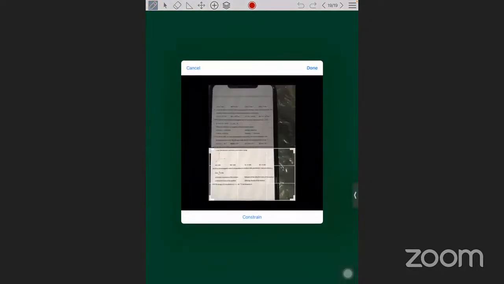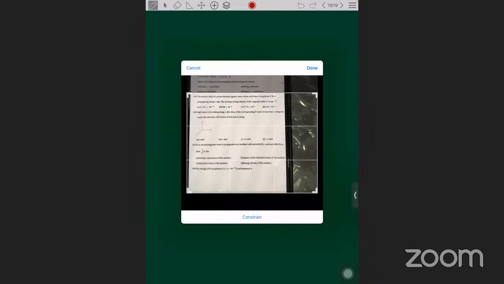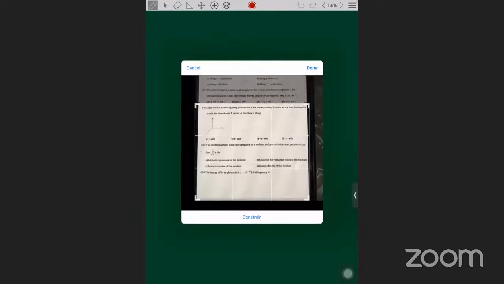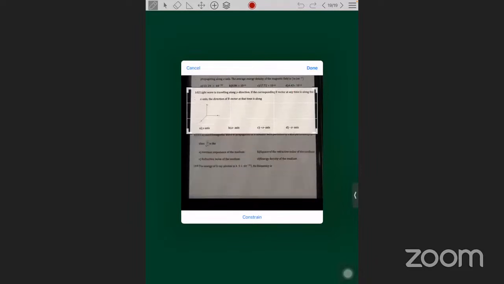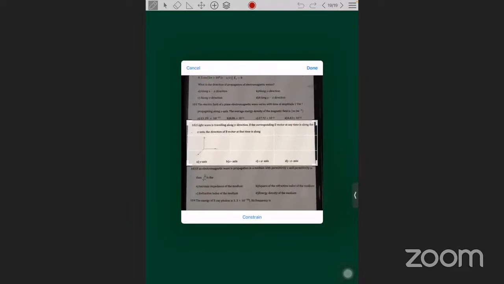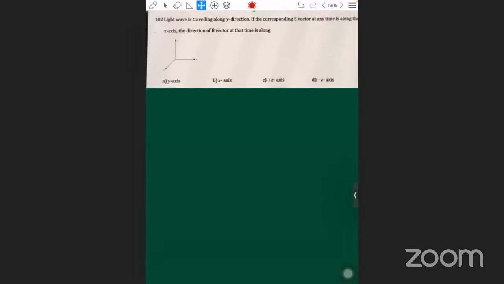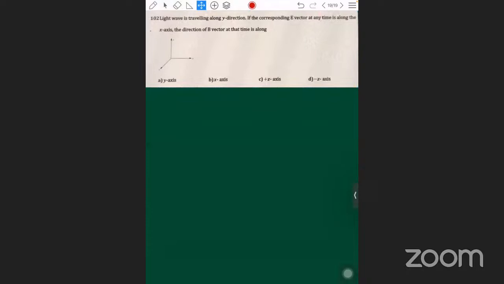Let me take one or two more problems. I will take one graph question over here. Look at this. The wave is traveling along the y direction.